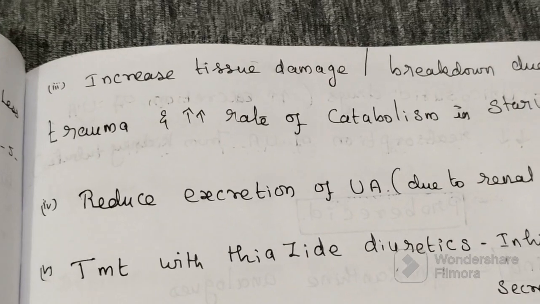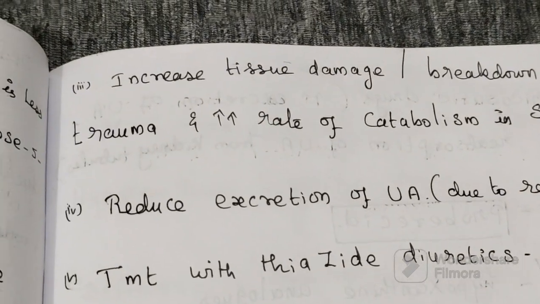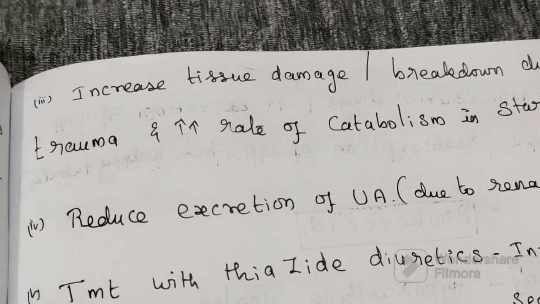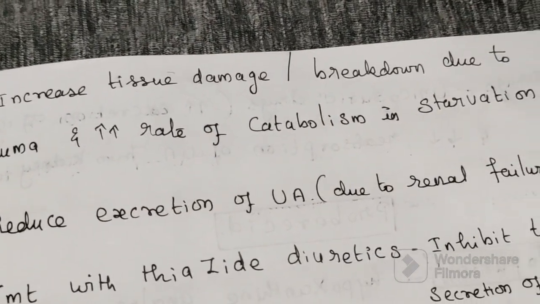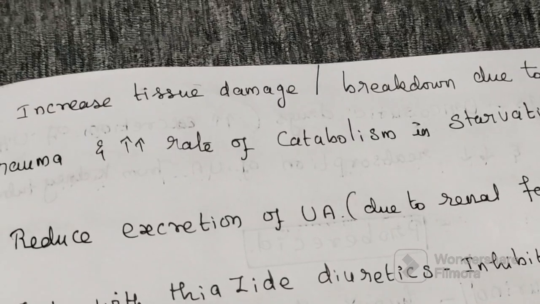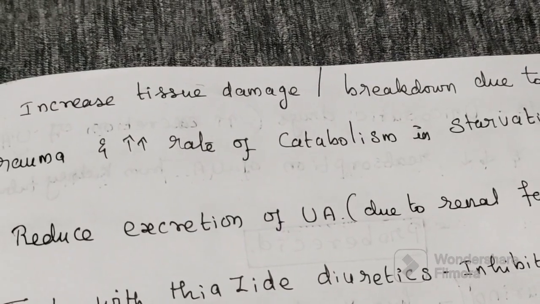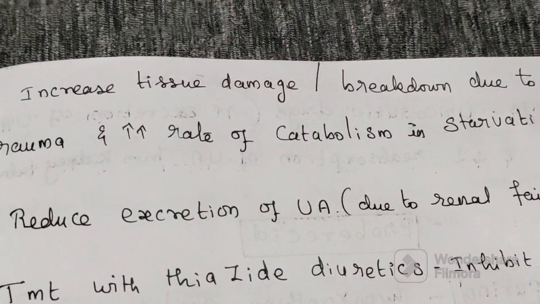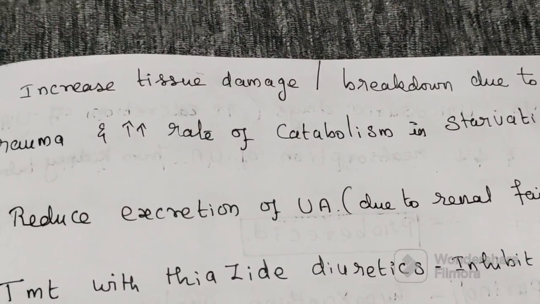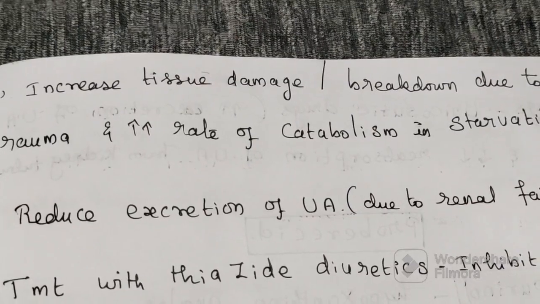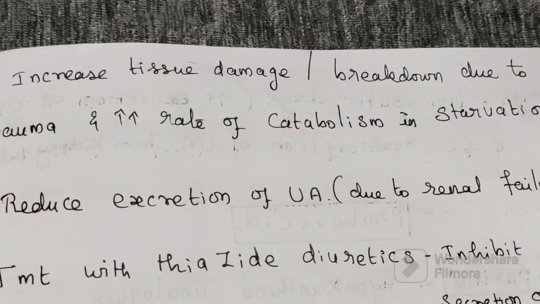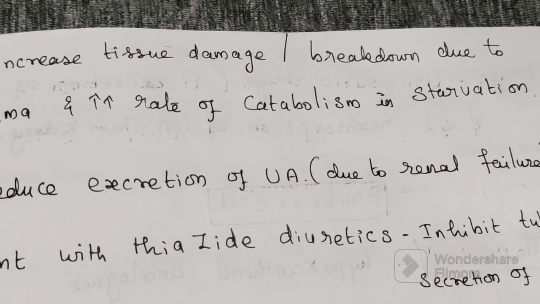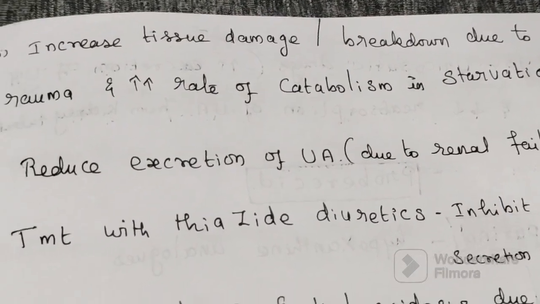Third reason, increased tissue damage or breakdown due to trauma, and increased rate of catabolism in starvation. So the first reason is increased turnover rate of nucleic acid, meaning rapidly growing malignant tissue, leukemia and lymphoma. Then increased tissue breakdown. The third is increased rate of catabolism in starvation.